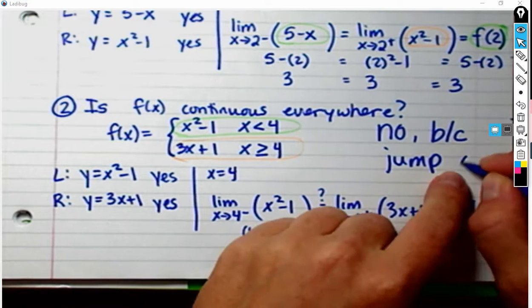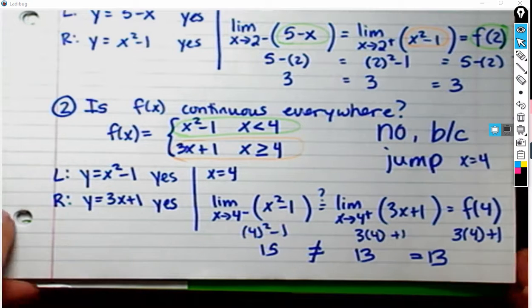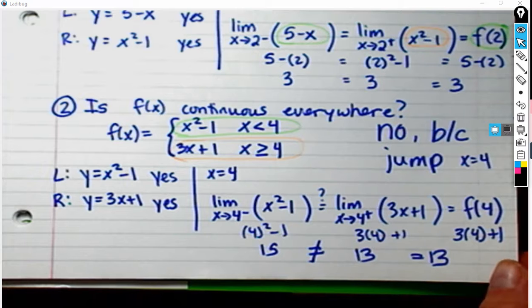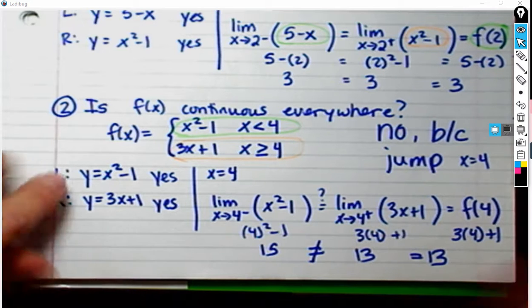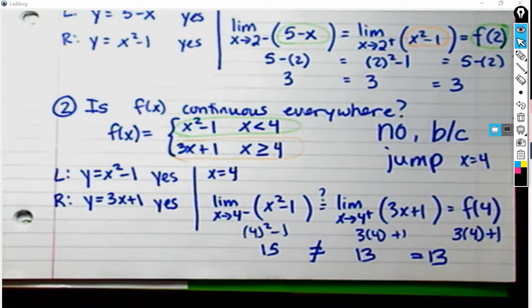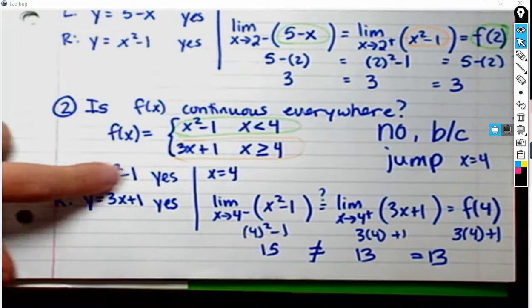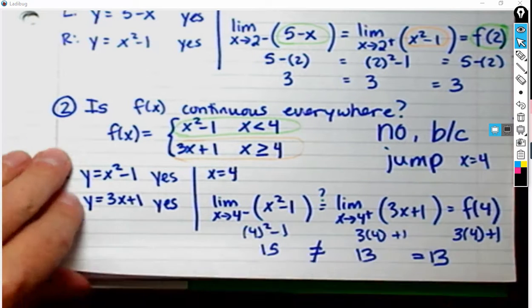I could say there's a jump at x equals 4, but yes. What about the left and right? Is the left side continuous? Because I have the left, the right, and the transition. It's possible that these things aren't continuous, but usually they are. Okay. Next question.